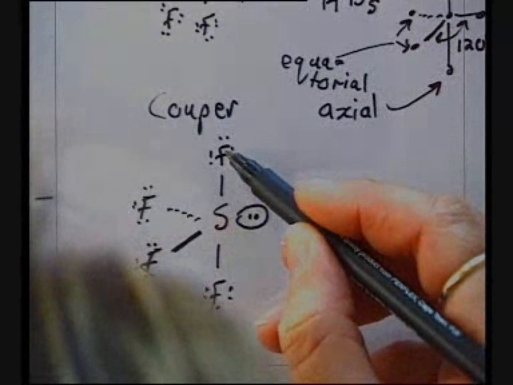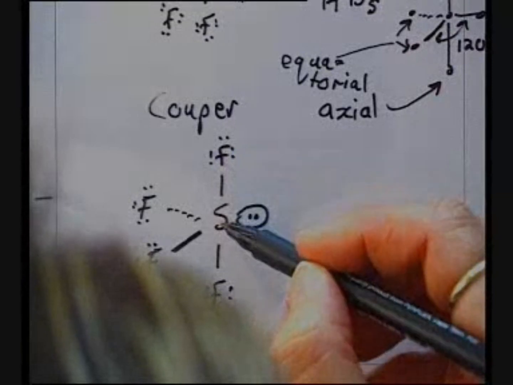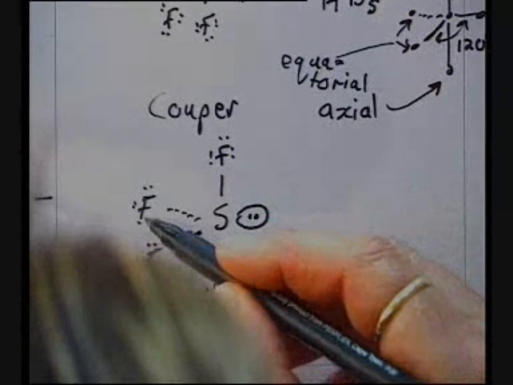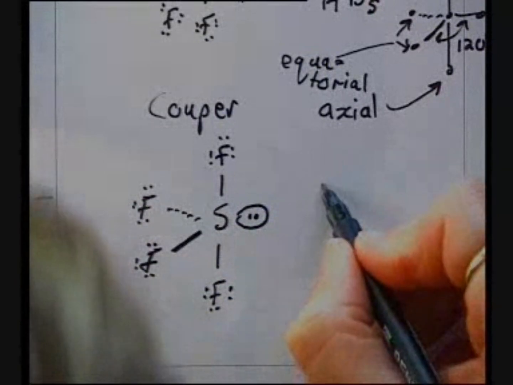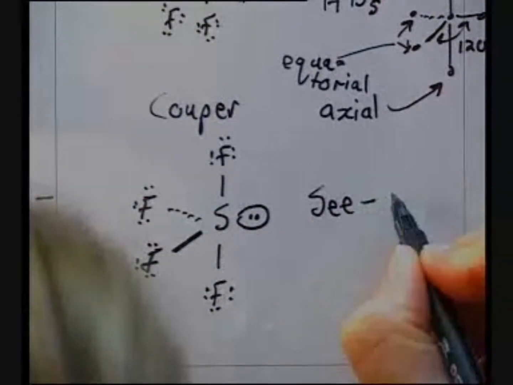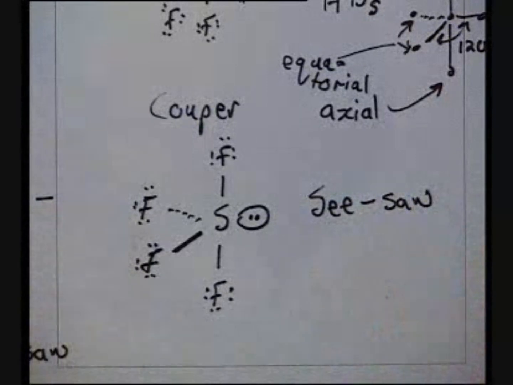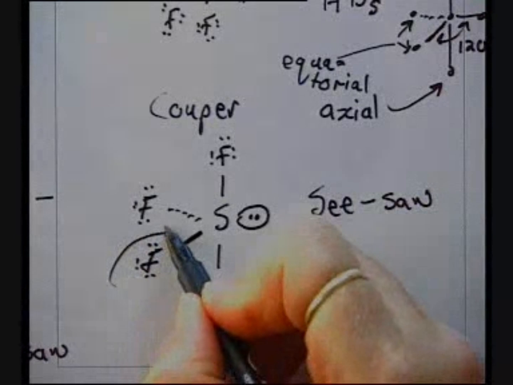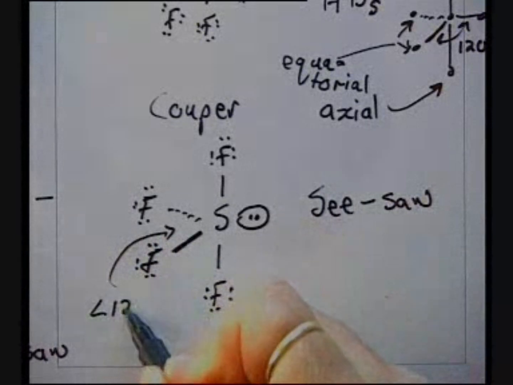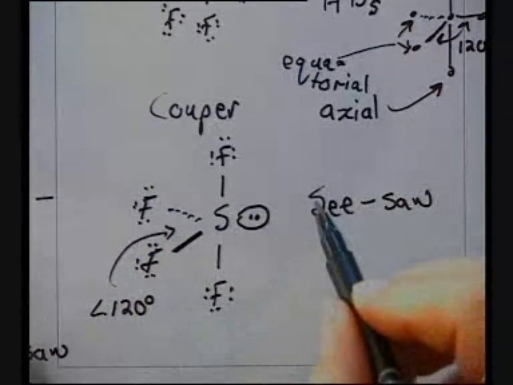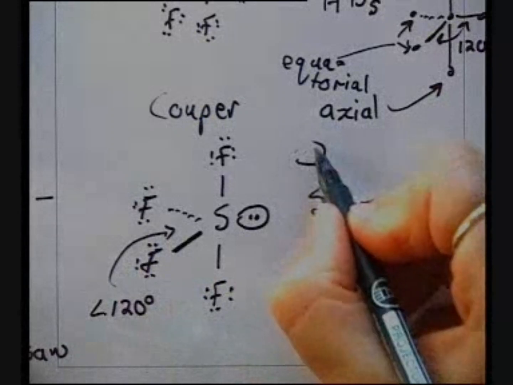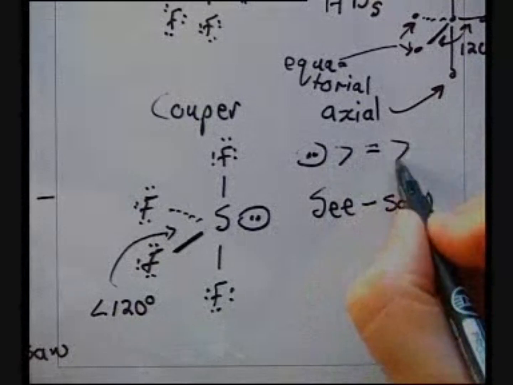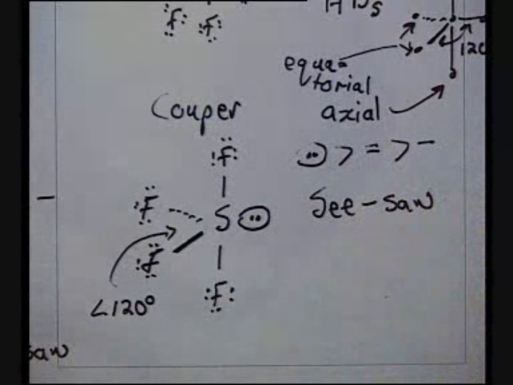So that we have got atomic nucleus fluorine, atomic nucleus sulfur, atomic nucleus fluorine, atomic nucleus fluorine, atomic nucleus fluorine, and that will describe the so-called seesaw molecular geometry. We expect this bond angle to be smaller than 120 degrees. The volume of a lone pair is larger than the volume of any double bond, and that is larger than the volume of a single bond.